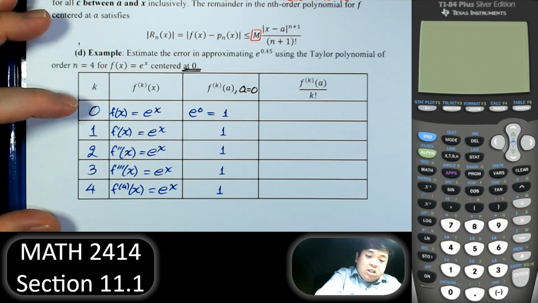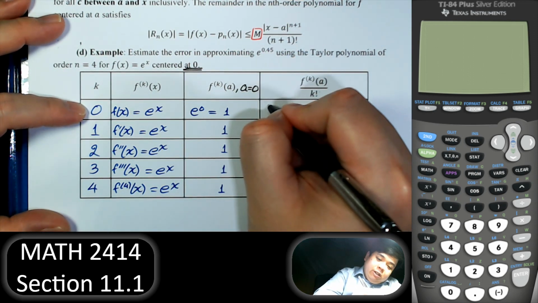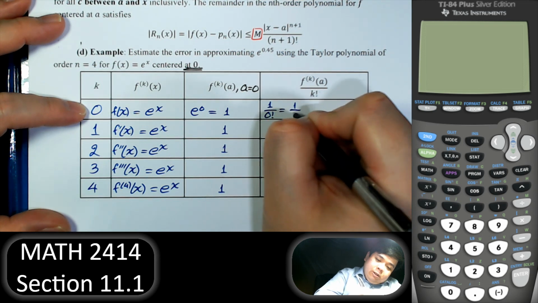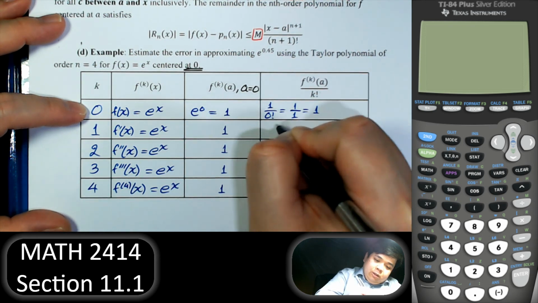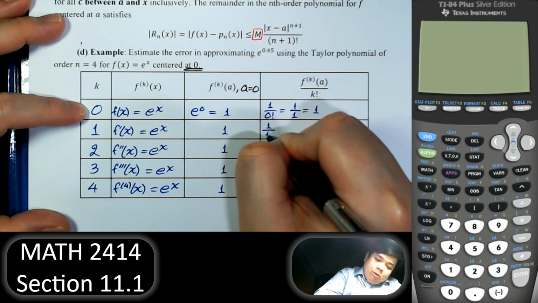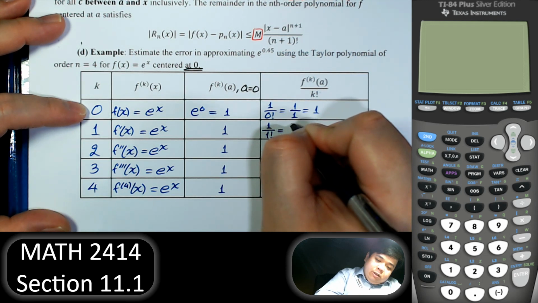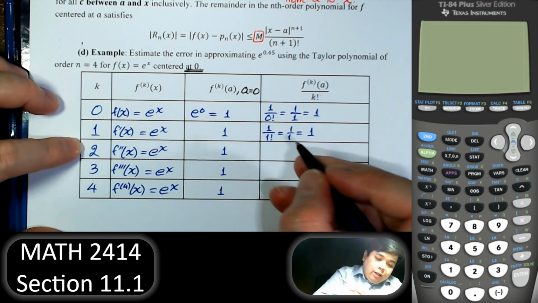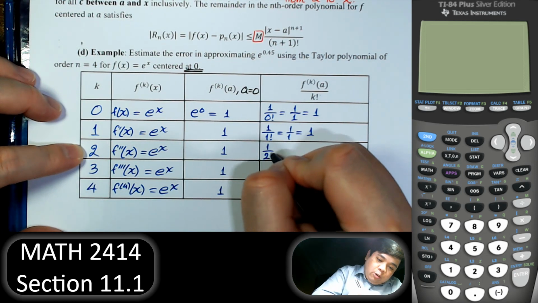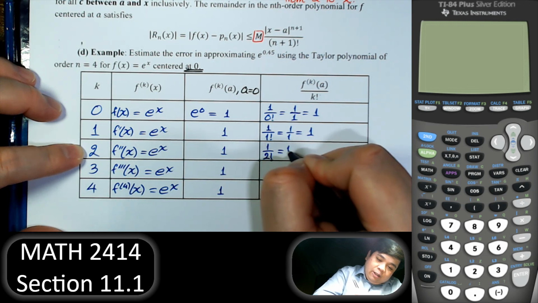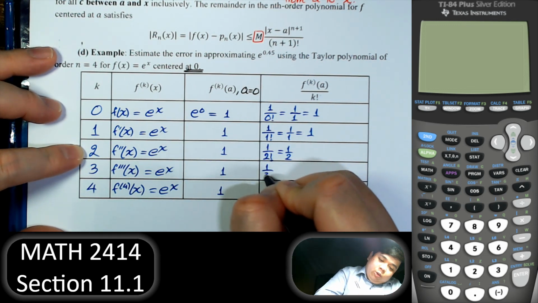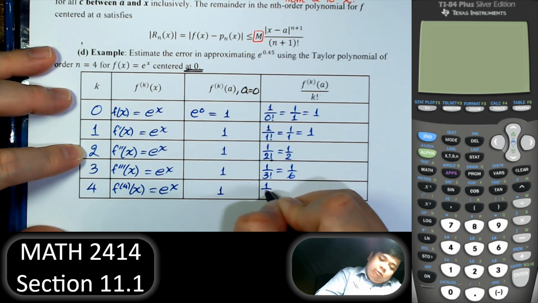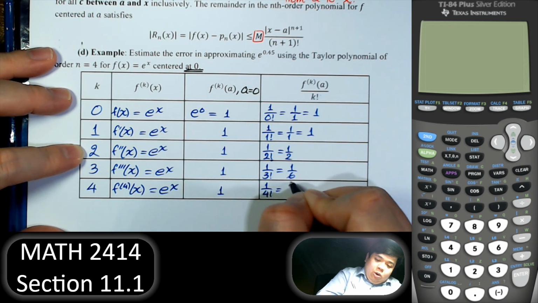And next we will just divide by k factorial. 1 divided by 0 factorial, 1 divided by 1 factorial, 1 divided by 2 factorial, 1/2. 1 over 3 factorial, 1/6. 1 over 4 factorial, 1 over 24.